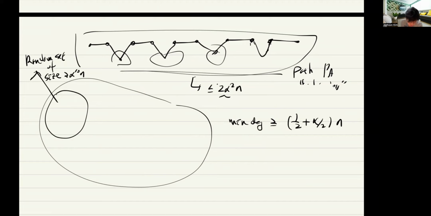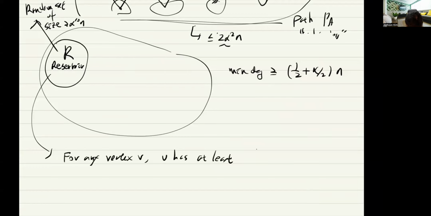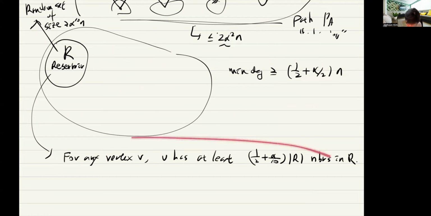Call this R the reservoir. So what's the reservoir? It is a random set. What we know is that for any vertex v, we can ensure that v has at least half of R plus alpha over 10 R neighbors in R. Using a Chernoff bound, you can show it.